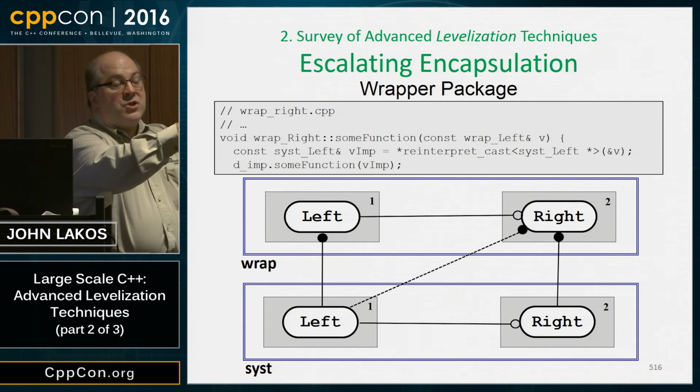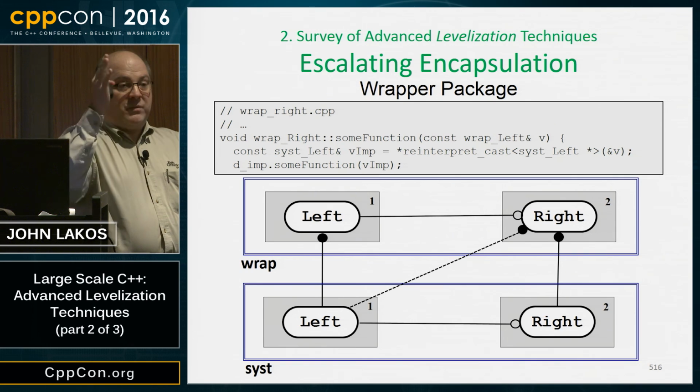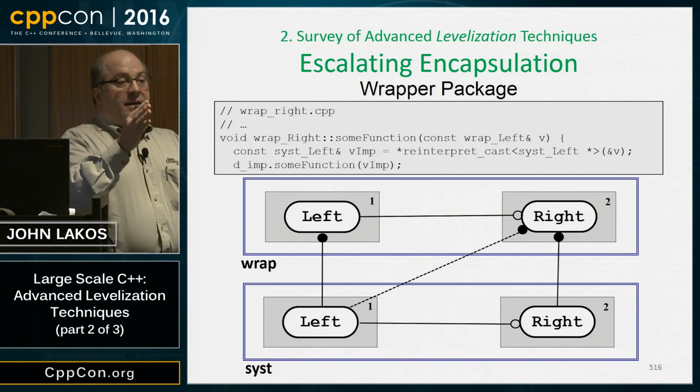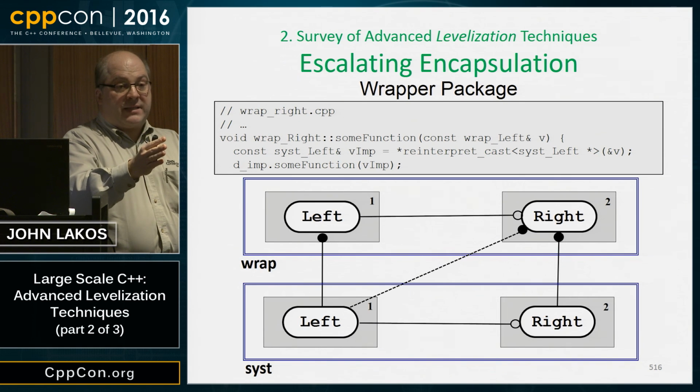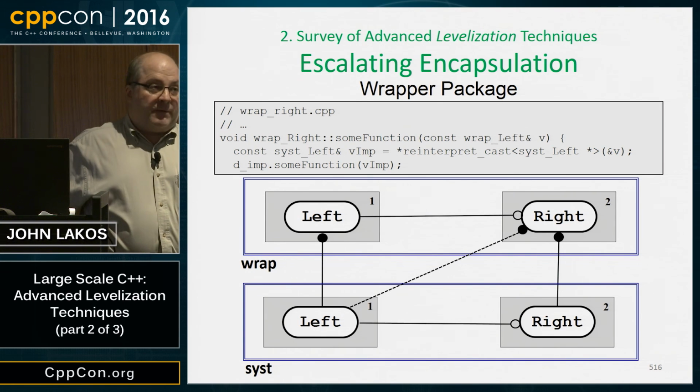So do you understand the concept? I have this thing. There's no interface to do it at all. But I know the dirty little secret of this package is everybody is shadowing something with the same name in the lower level package. Therefore, I can take its address, reinterpret cast it to the lower level thing, get back the reference effectively, and then use that in its place to put into my lower level thing.